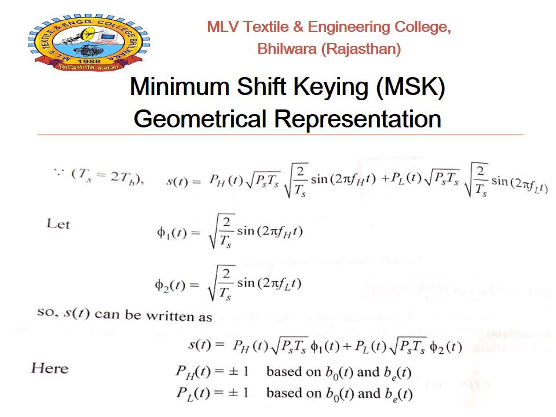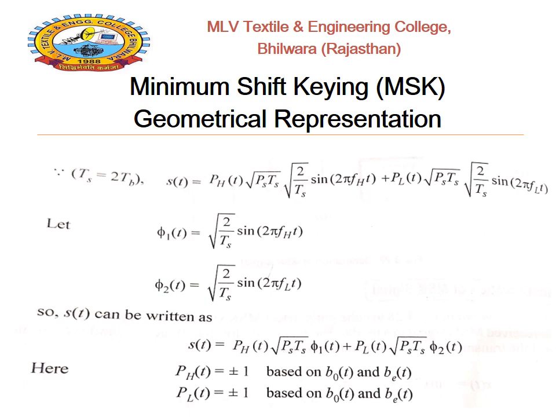The first expression is S of t equals phi H of t under root of P_S T_S, under root of 2 upon T_S, sin 2 pi F_H t, plus phi L of t under root of P_S T_S, under root of 2 upon T_S, sin 2 pi F_L t. That is a combination of the higher frequency component and the lower frequency component, where T_S equals 2 T_B.